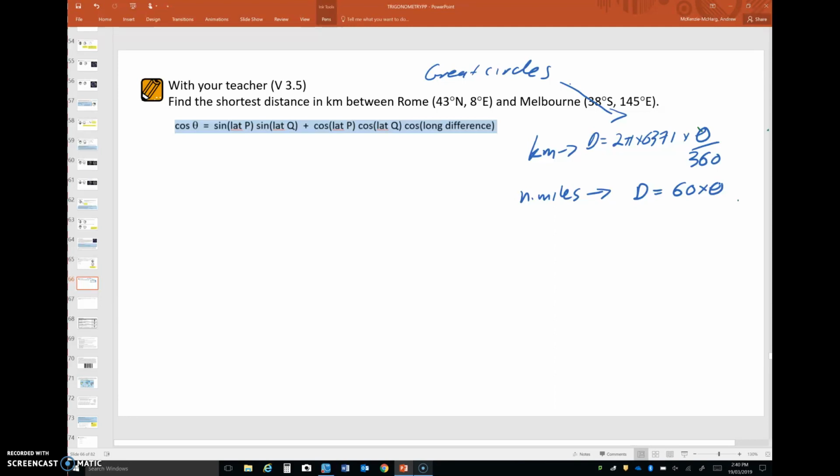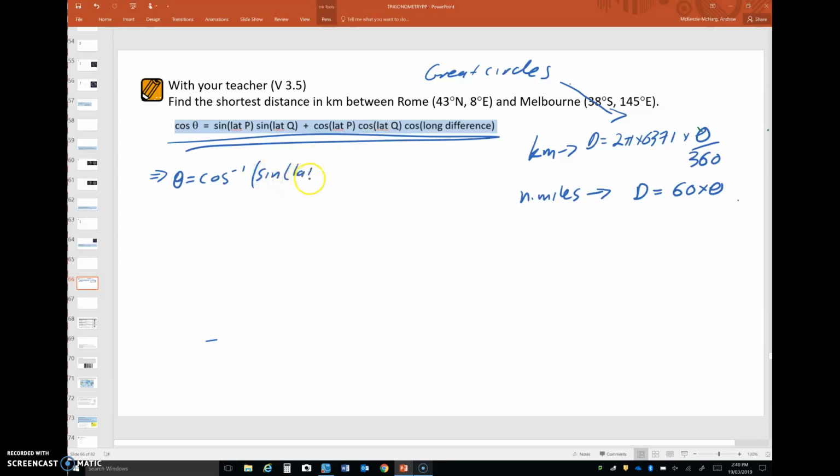That leads to the complicating factor that it's difficult to tell immediately what the angular separation, what theta is. And we need this formula here to do that. Now, this rearranges to theta equals the inverse cosine of everything that's over here.